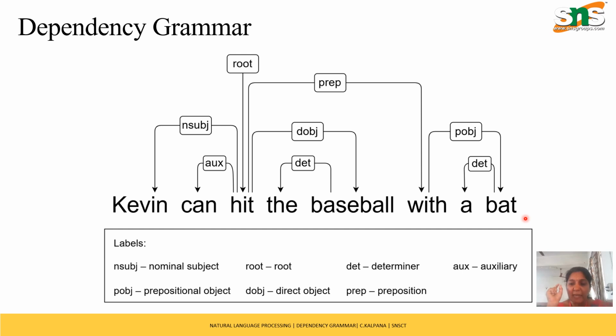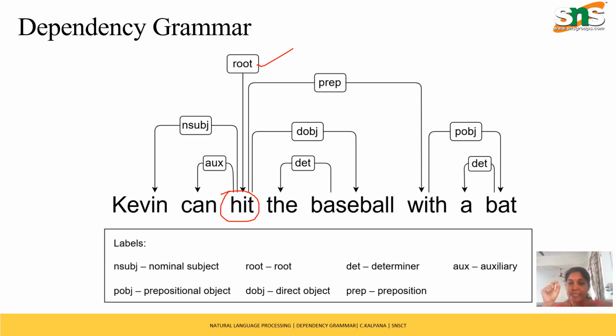Which is the main word, or main verb, in the sentence? The main verb is hit. The entire sentence depends on the verb hit, so I can say hit is termed as root here. Next, who hit it?